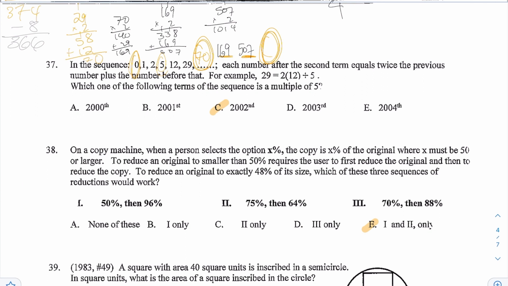And then add 169. And so that's 1183. So that's not a multiple of 5.